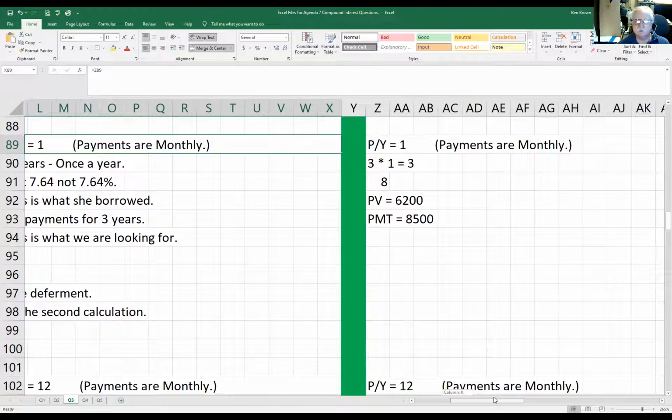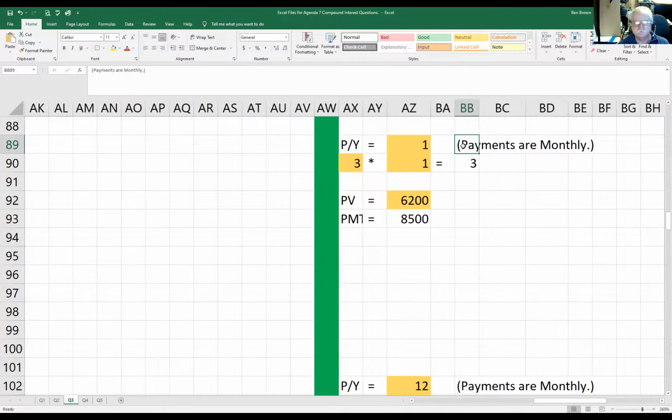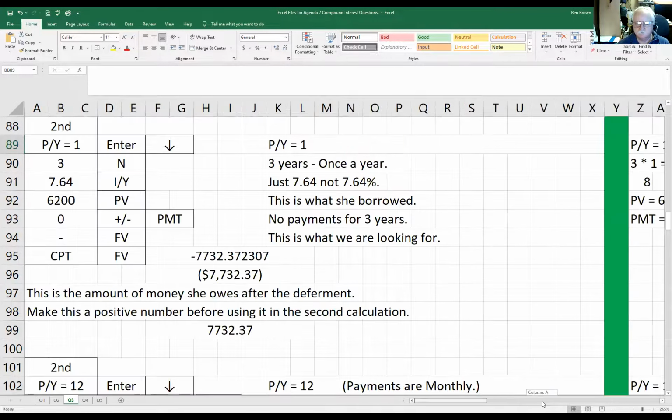So we could ignore that. Let's see if we can actually get rid of that. We can just set this to once a year because there's no payments during this period.